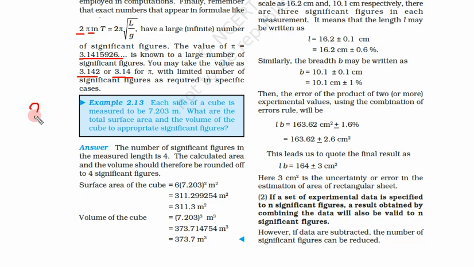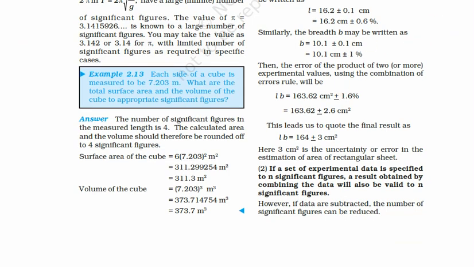And a number like 2 has infinite number of significant digits, so we can increase these significant digits as per our need. Now let us solve some of the numerical problems which will help us in understanding these concepts in a much better way.